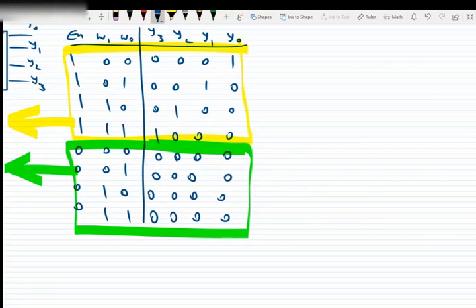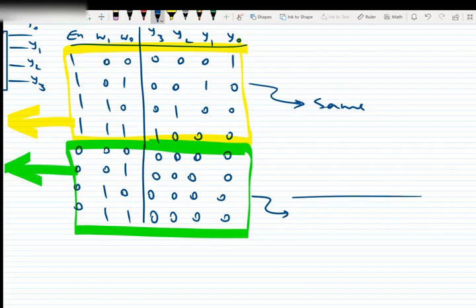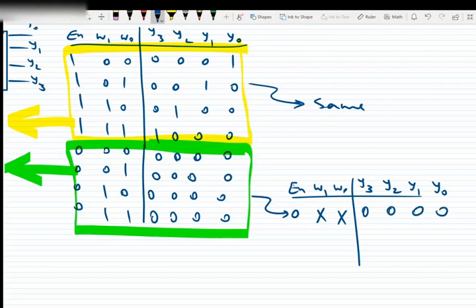Just the first part is the same, but for the second part we can say if enable is 0, regardless of W1 and W0, so we show it with X, regardless of the values of W1 and W0, outputs are 0.